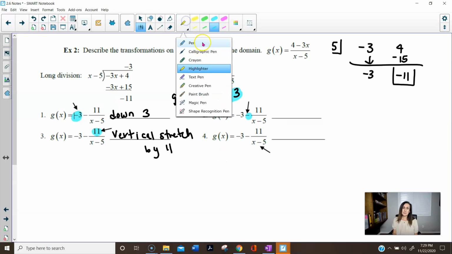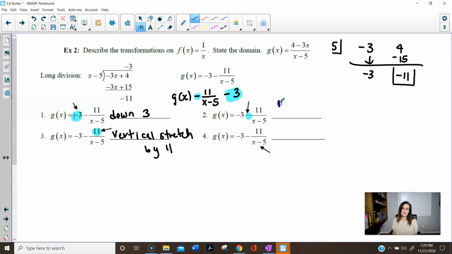That's going to reflect you over the x-axis. So this is reflect over x-axis. And the x subtract 5 is going to shift my graph horizontally opposite of what I think. So if it's subtract 5, it's actually going to go to the right 5. And that's the shift, reflect, and stretch on example 2.